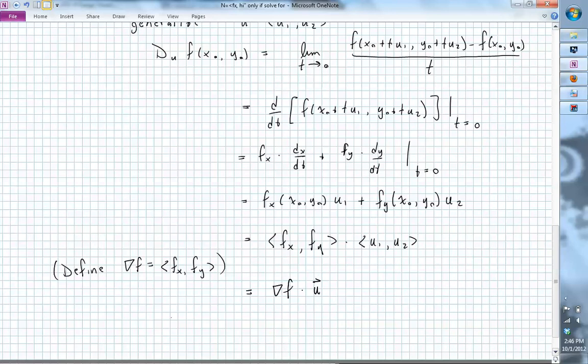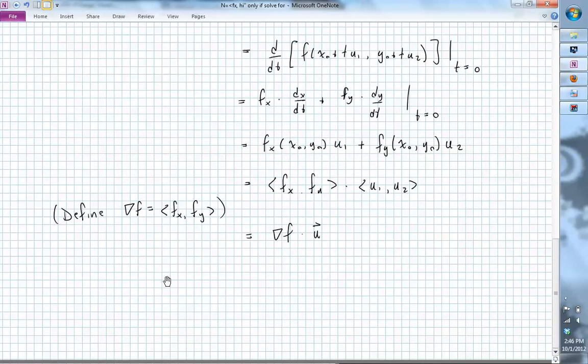Let me just generalize this symbol. This generalizes to more than two variables. So the gradient of f of x, y, and z is just f sub x, comma, f sub y, comma, f sub z.